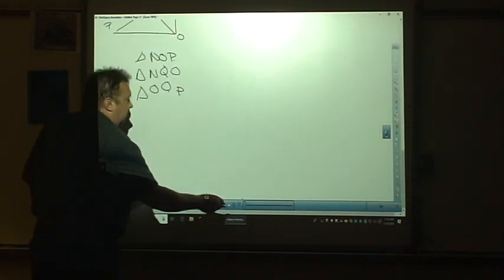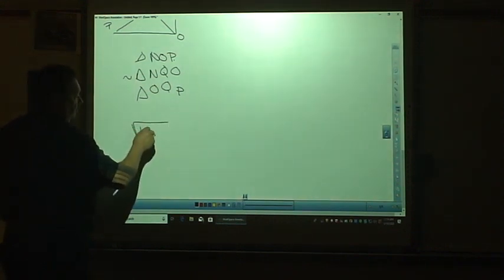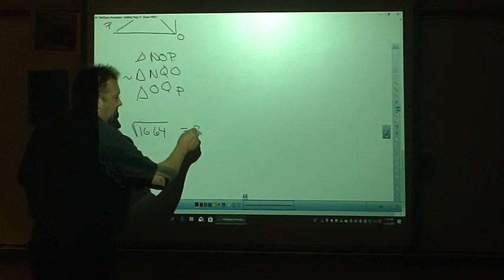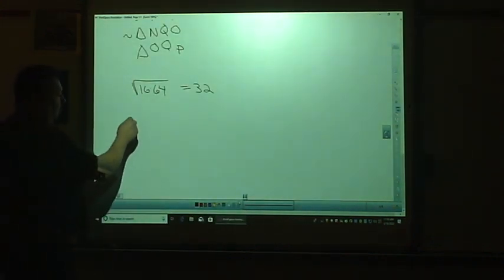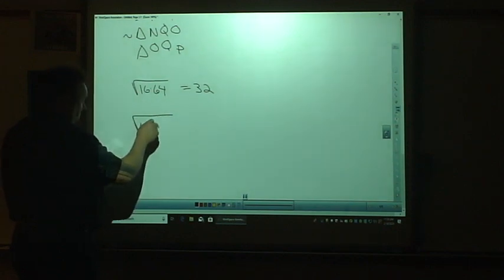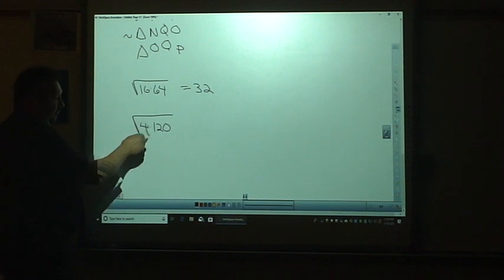Geometric mean just literally means to multiply and take the square root. Here you'll get 4 and 120. I would probably start with the fact that you have a 4 and take that out.